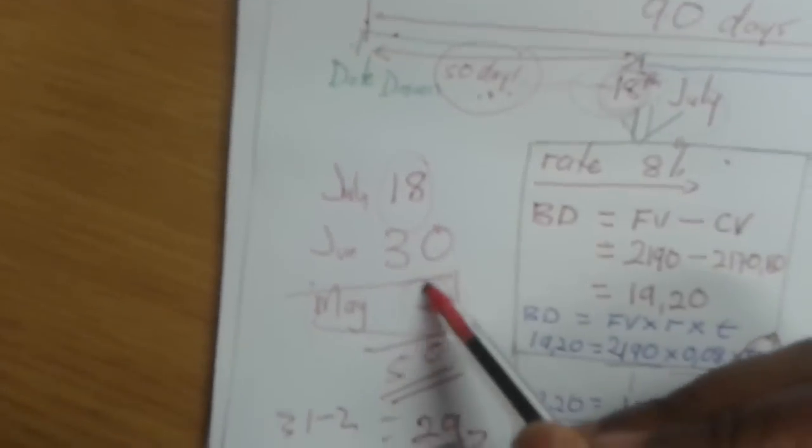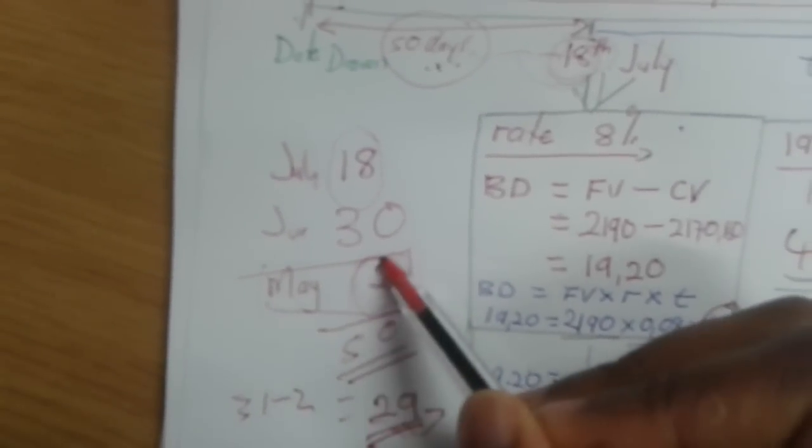If you draw a bill on the 1st of January and you want to count 20 days, you start counting from 2 as 1, 3 as 2, and so on. So the same thing applies here. In May, there are 2 expired days, right?